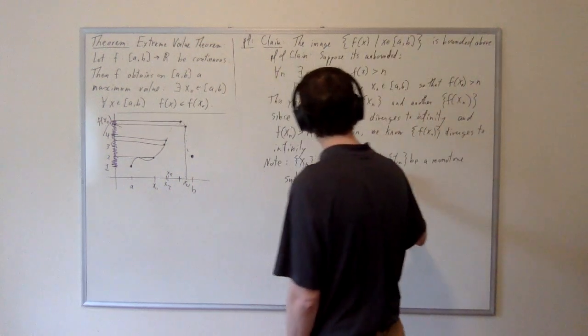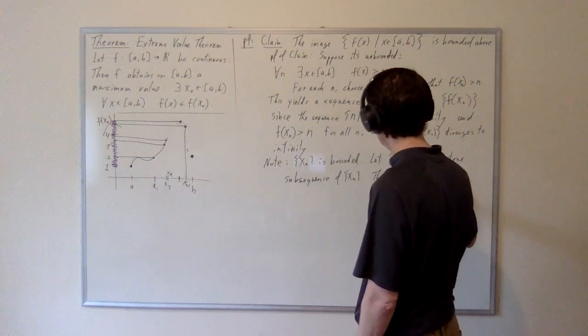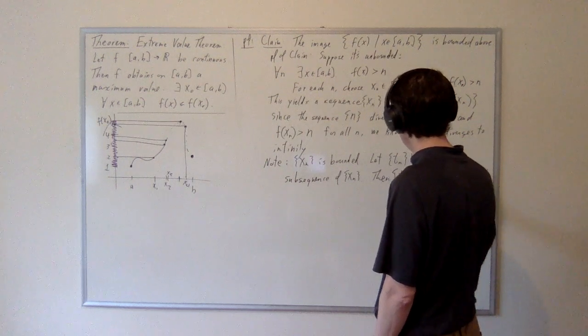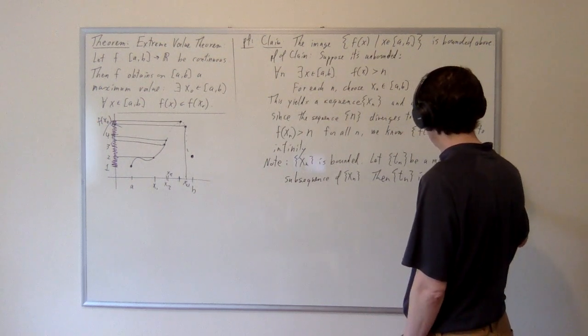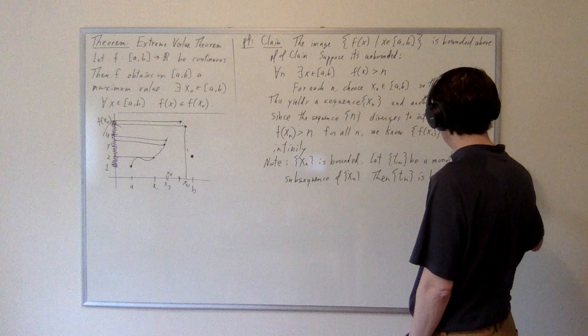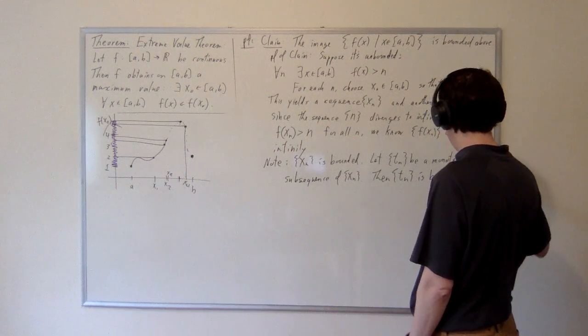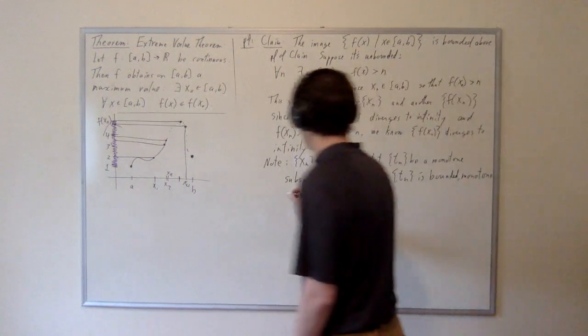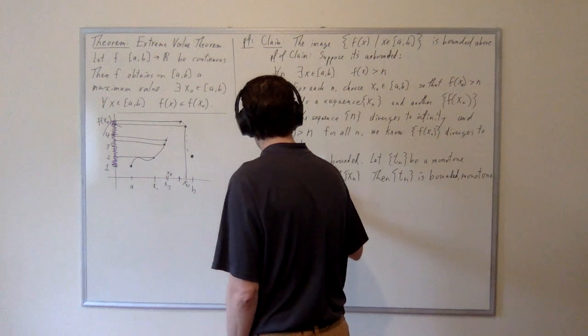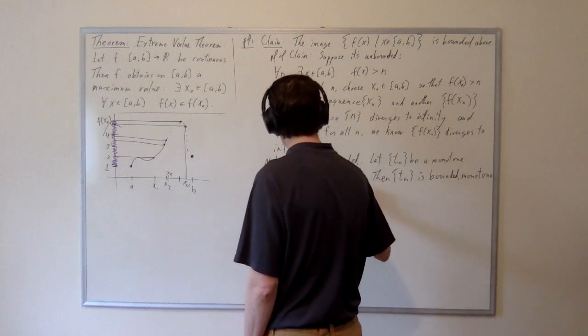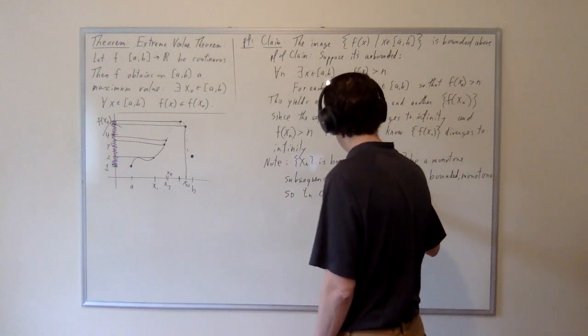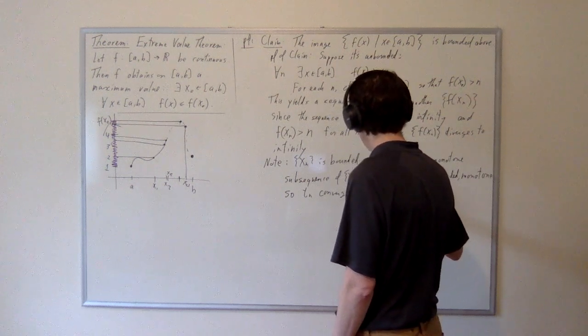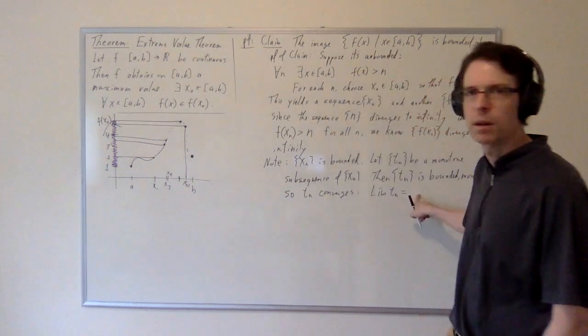So let's state this. Tn is bounded and monotone. And by the bounded monotone convergence theorem, it converges. So Tn converges. And then we can say the limit of the Tn's is equal to something.